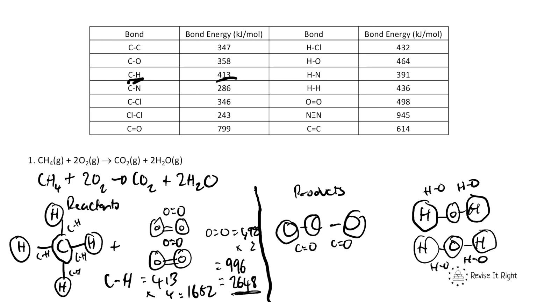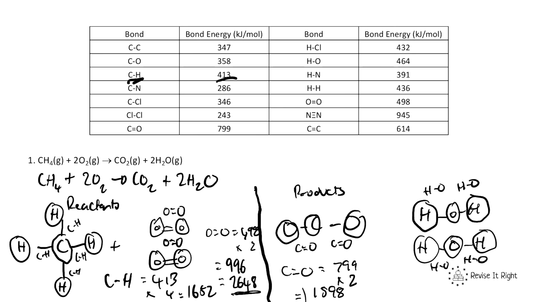Now we need to work out the amount of energy that is released when the new bonds are formed. So here we've got 2 lots of C=O bonds, which is 799, and we've got 2 of them, so 799 times 2, which gives you 1,598.